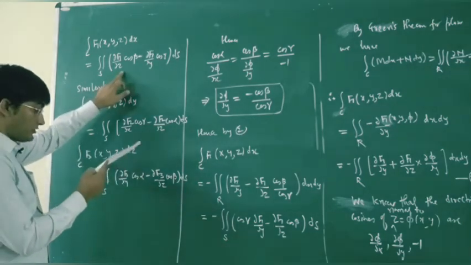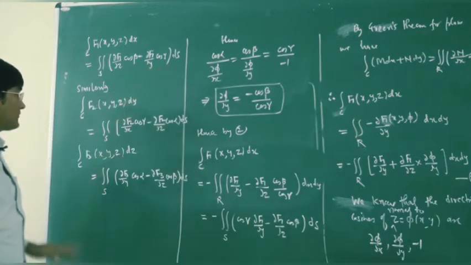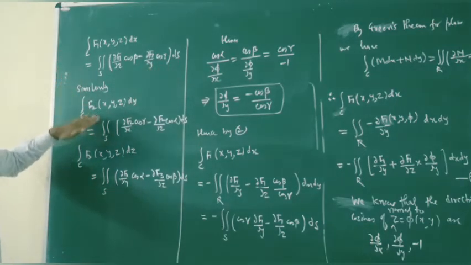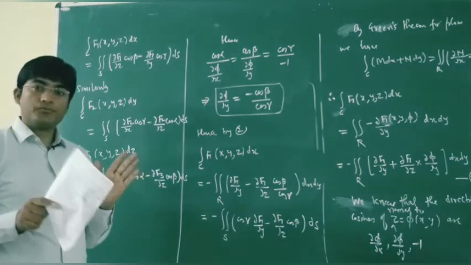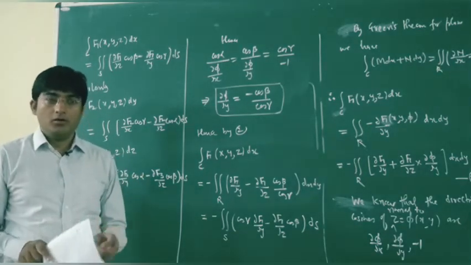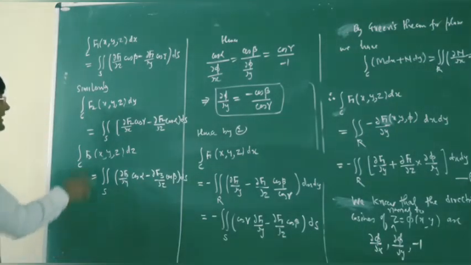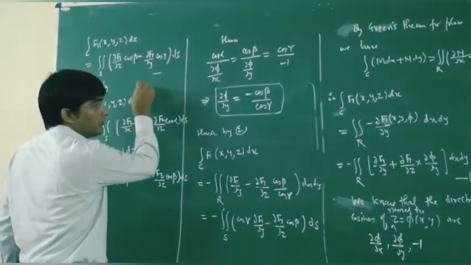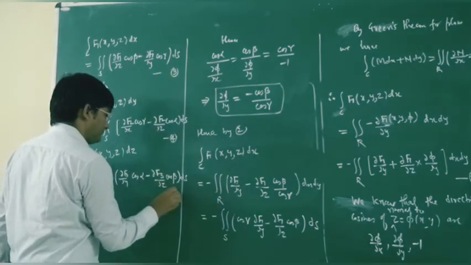Okay, we have these line integrals. First one is del f1 upon del z into cos beta minus del f1 upon del y cos gamma into ds. Now if you add these three line integrals, then you will get the right hand side of the Stokes theorem, which was written in the Cartesian form. Say these are equation numbers 3, 4, 5.